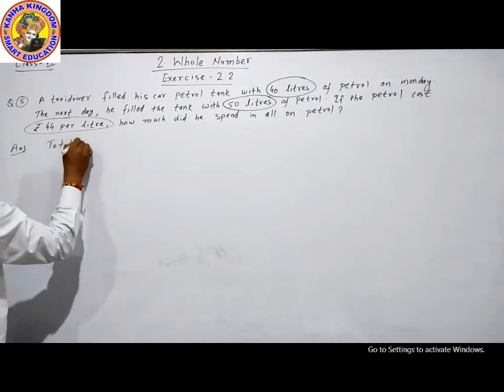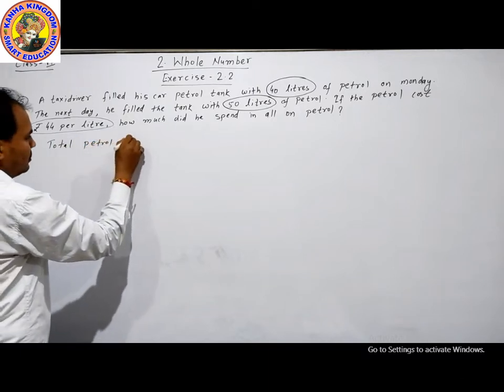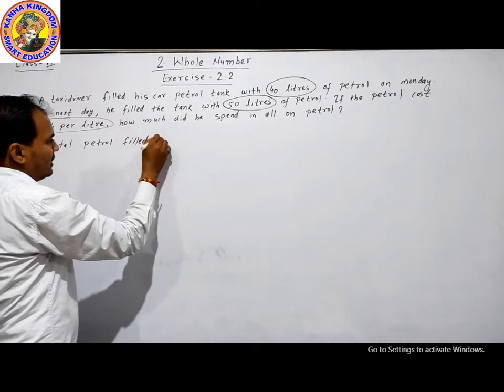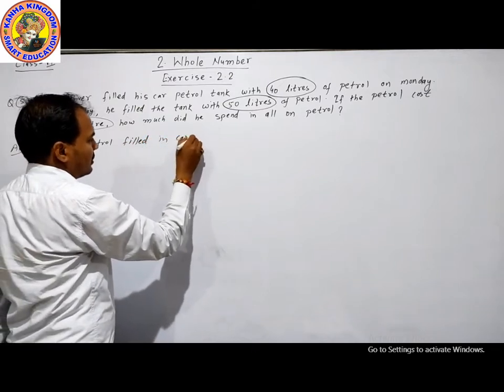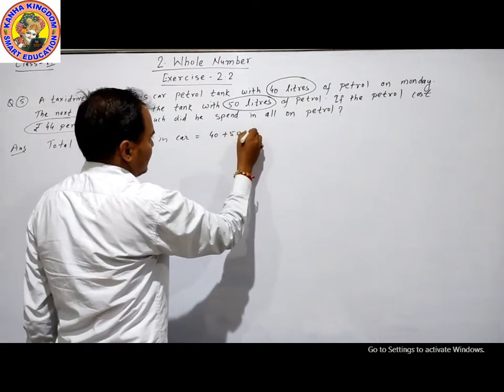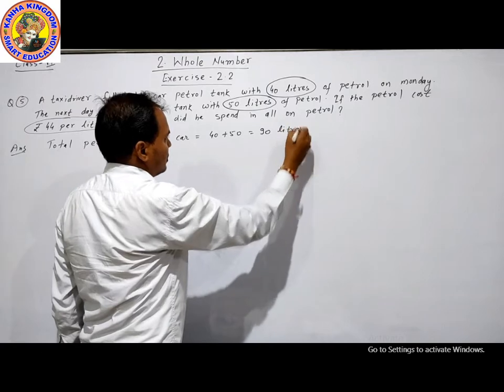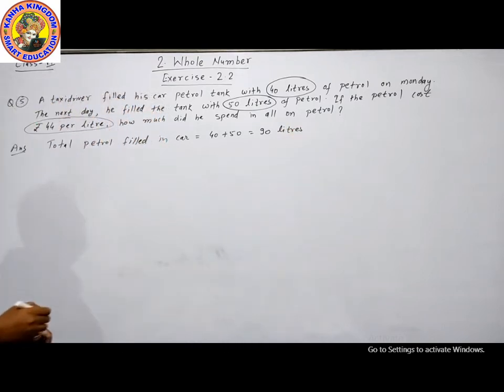Total petrol filled in car is equal to 40 plus 50, which is equal to 90 liters. Total petrol filled in car is 90 liters.